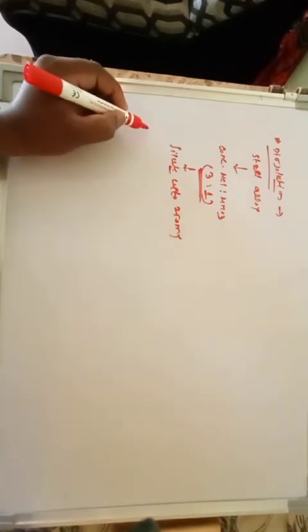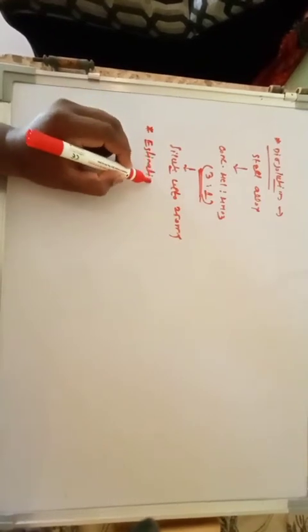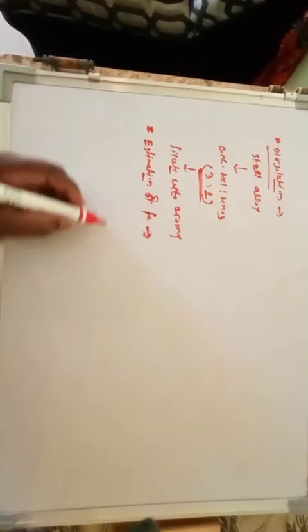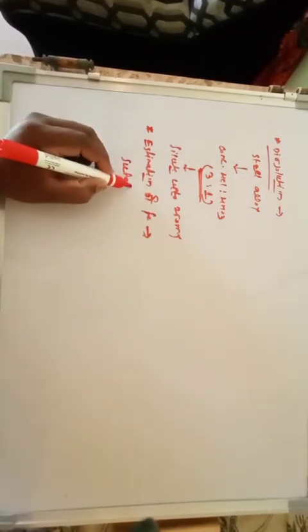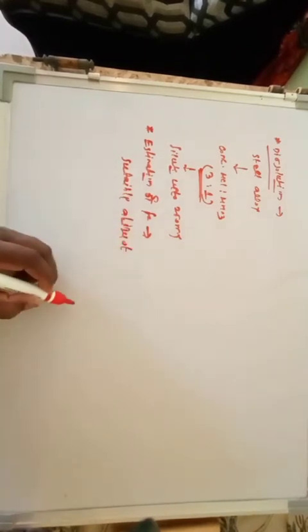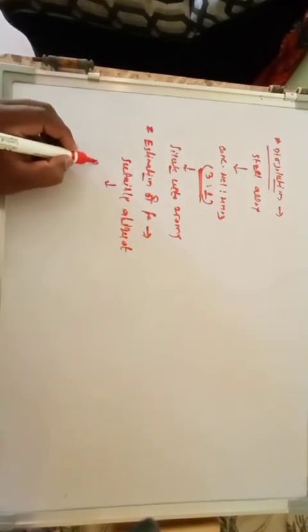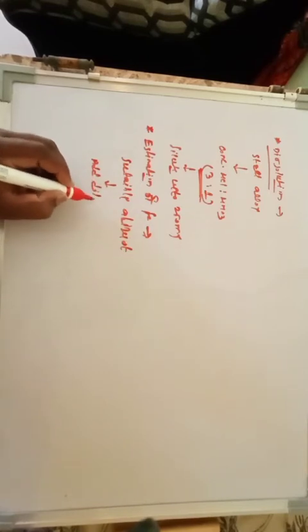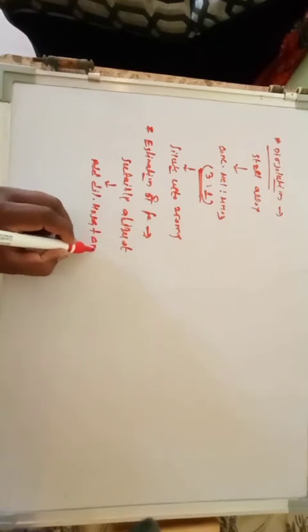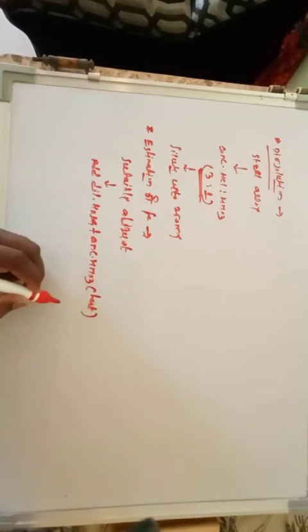Then let us discuss the estimation of Fe. Take a suitable aliquot, means take a suitable diluted solution, add dilute acid such as H2SO4 and concentrated HNO3, and you have to heat the solution.